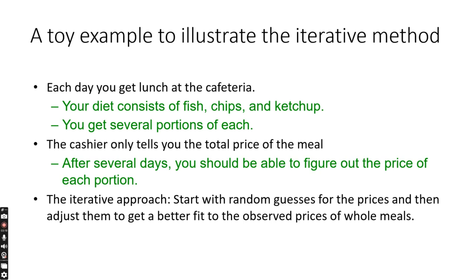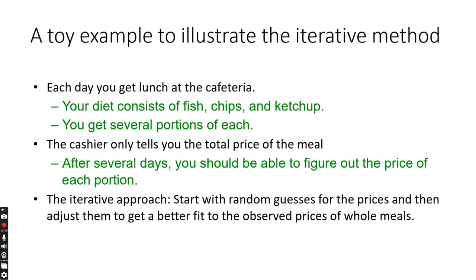Let us take a toy example. Each day you are consuming lunch at your cafeteria. Your diet consists of fish, chips, and ketchup. With several portions of fish, ketchup, and chips, you are consuming the meal daily, and then you pay the price. The cashier tells you one total price for the meal.